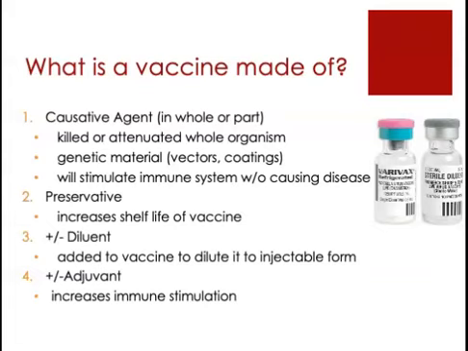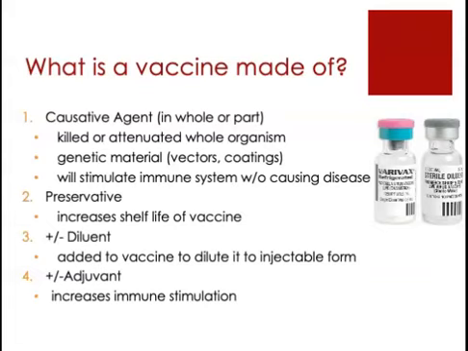Some of our SARS-CoV-2 vaccines use this RNA technology. Some of them use the old-fashioned vector technology. It's good that we have a variety of vaccines available against the SARS-CoV-2 virus.